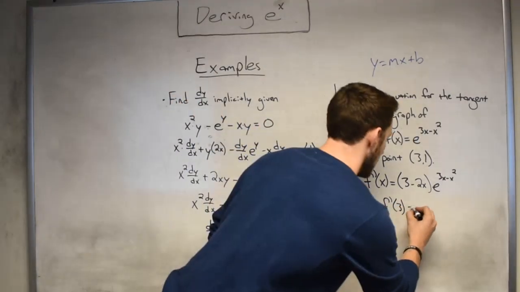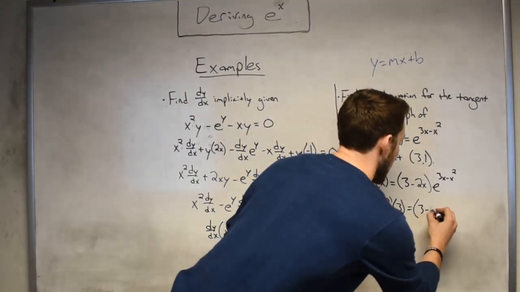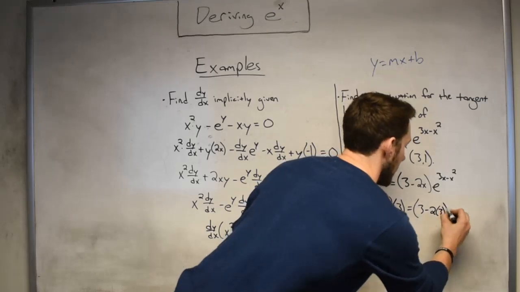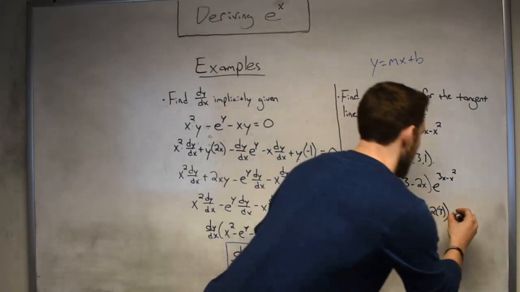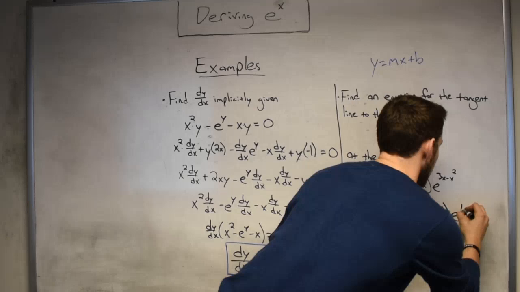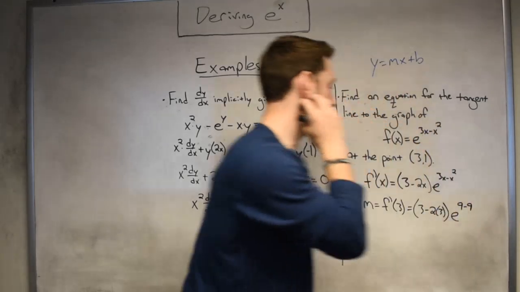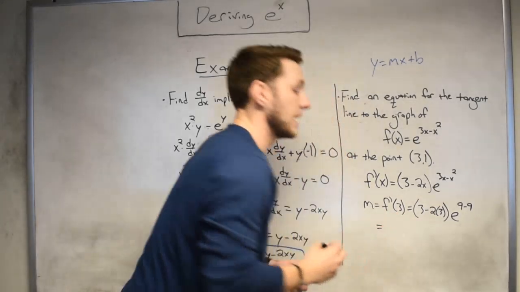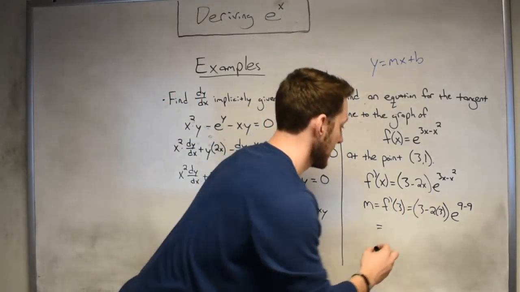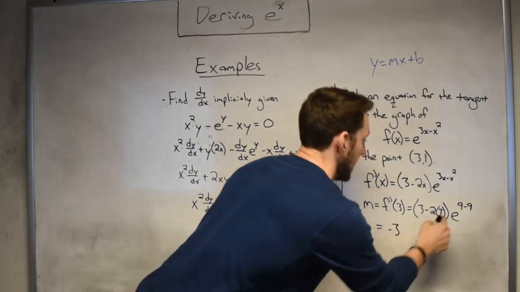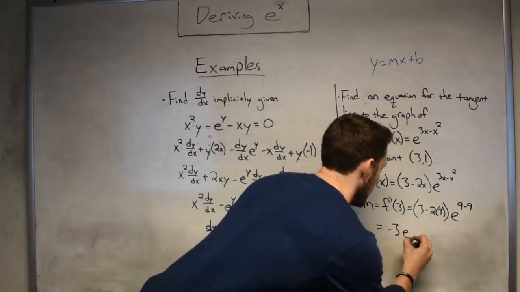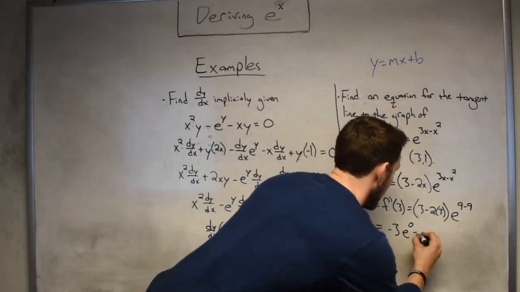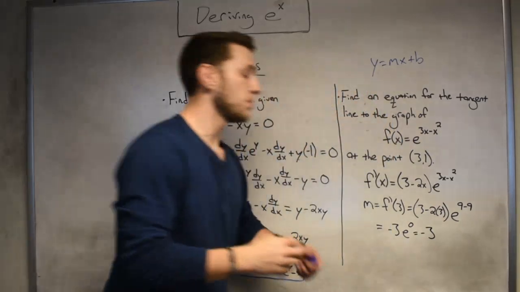This will just be 3 minus 2 times 3, all times e to the 9 minus 9, or e to the 0th power. Now that's just 3 minus 6, or negative 3, times 1, or times e to the 0. So my slope is negative 3.